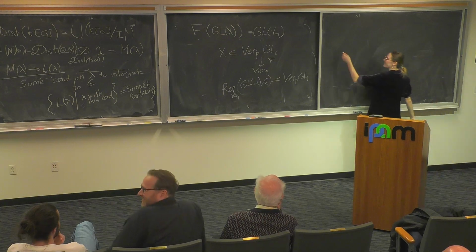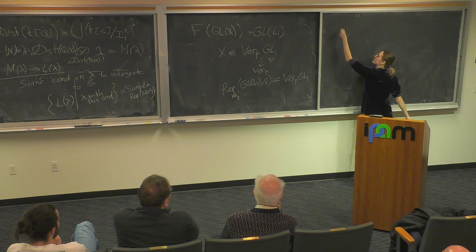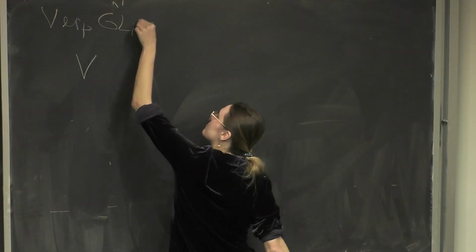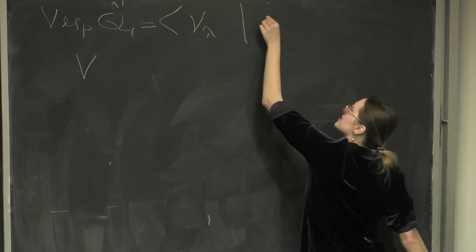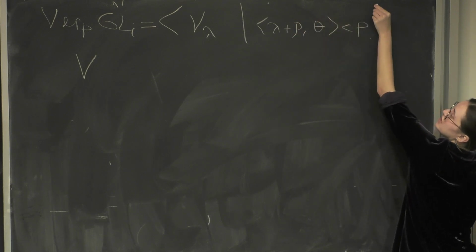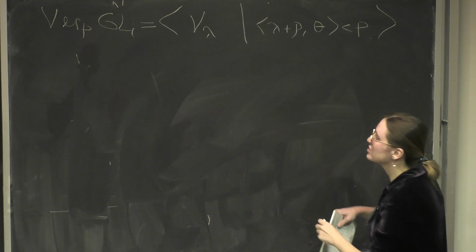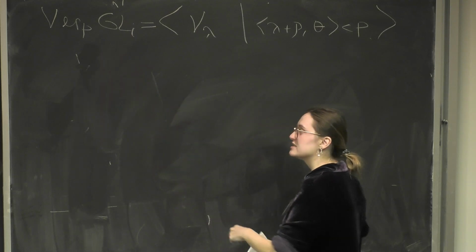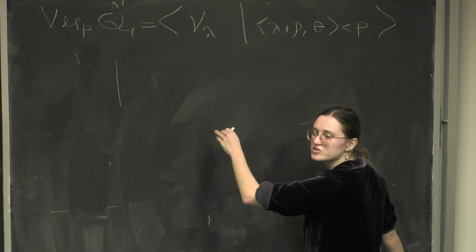So recall that there was some condition on highest weight. There is a Verlinde P of GLI, right? So it has these simple modules V lambda with the condition that lambda plus rho theta is less than P. And so how can we think about this? If we were in the situation of SLI, then lambda here is an I-tuple of integers.